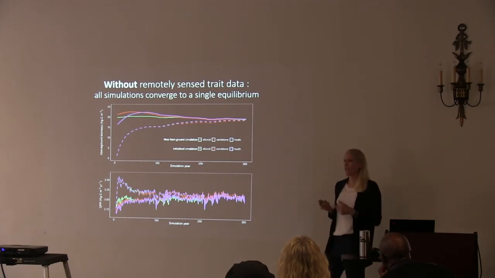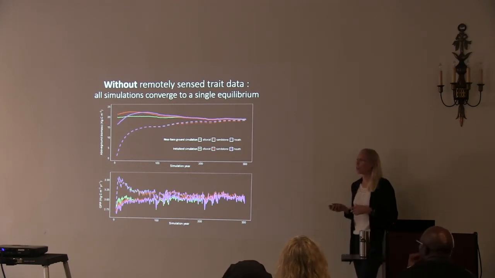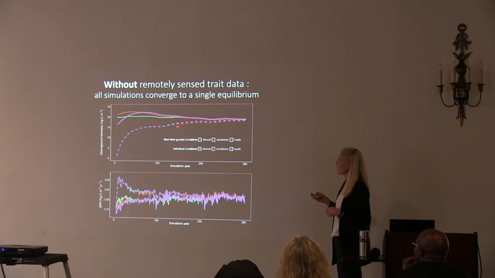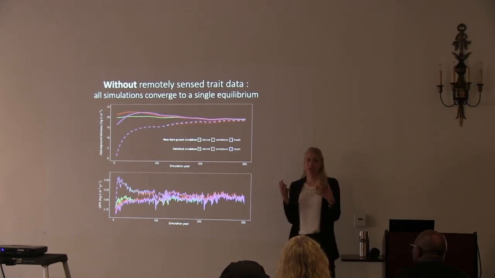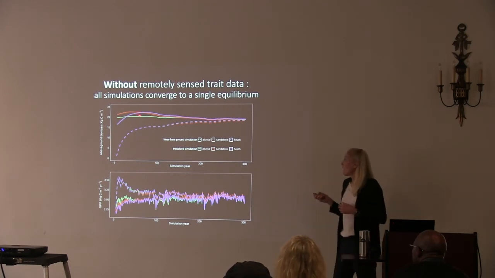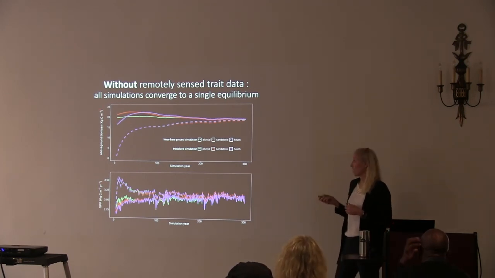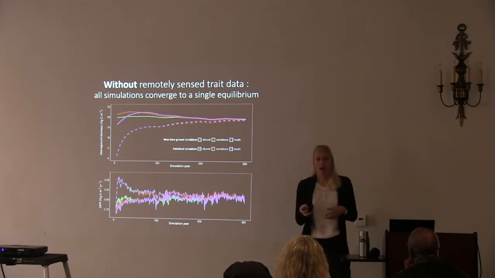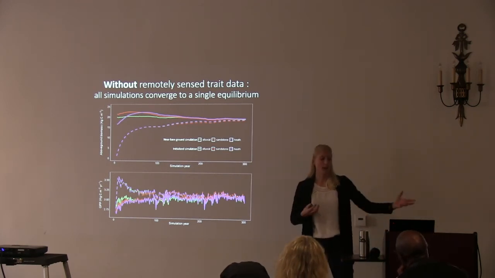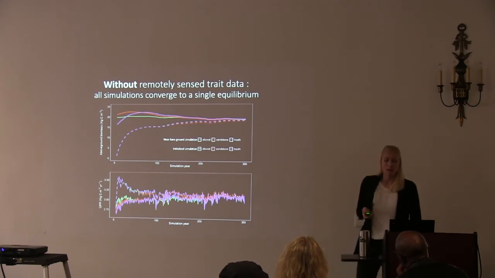And there's two different ways we initialize these models. The dotted line is showing near bare ground runs, where we essentially grow up a forest from nothing. And the top runs, shown in the solid lines, are initialized with inventory plot data, so plot data from actually going out and measuring these trees.